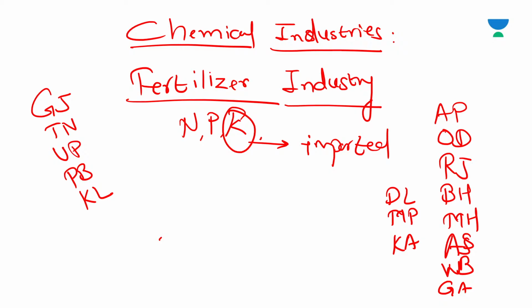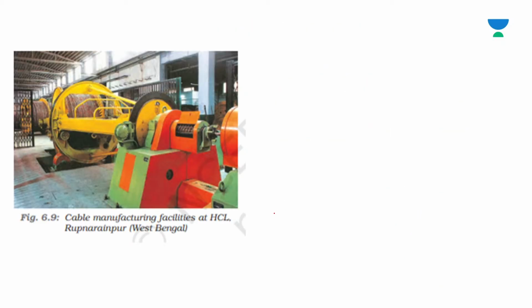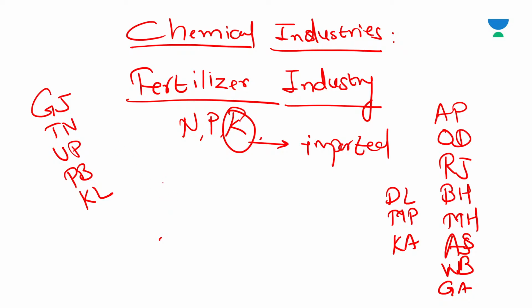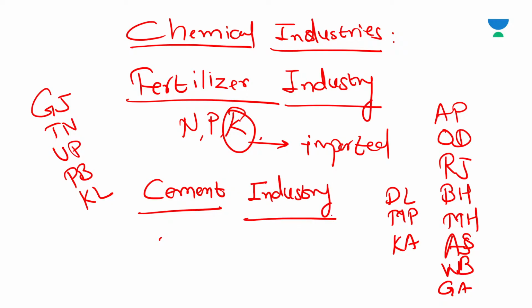So cement is essential for construction activity, such as building houses, factories, bridges, roads, airports, dams, and for other commercial establishments.